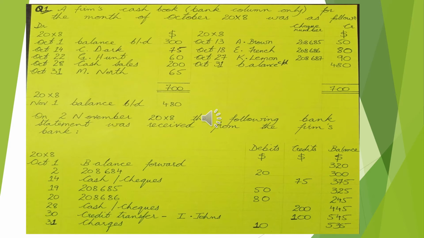Why is it running exactly the opposite to our cash book bank account? Because we are with the bank as a liability. The bank considers its client a liability. So whenever our deposits increase, the bank's liability increases. That's why the bank shows them on the credit side.